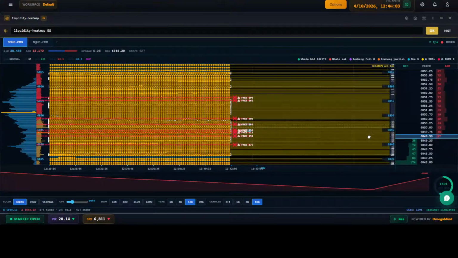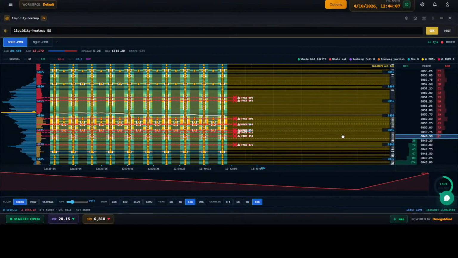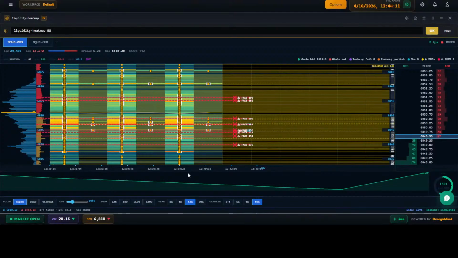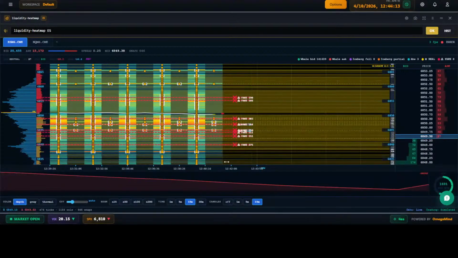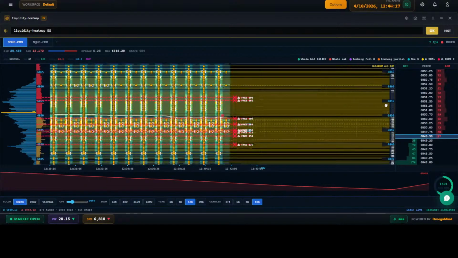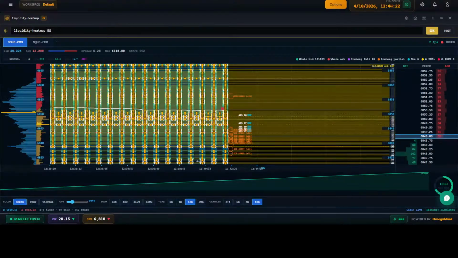So how do you trade using this? Faster, one second, let me put this lower. You have to go to a long time frame.